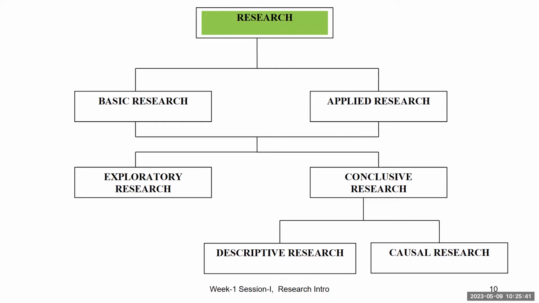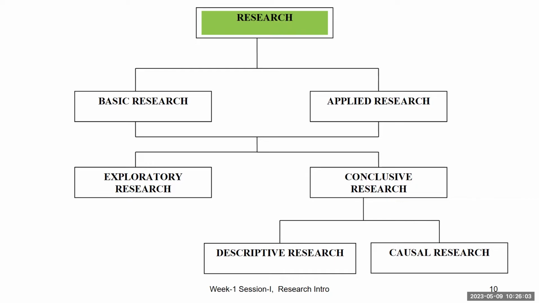From among the conclusive research, we can classify it as either descriptive research or causal research. We'll be giving an example of causal research in the next slide. In causal research, actually, what we are going to study is the cause and effect of two related factors.